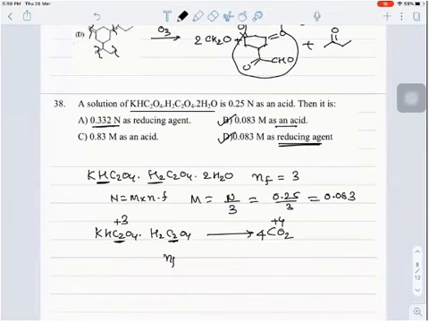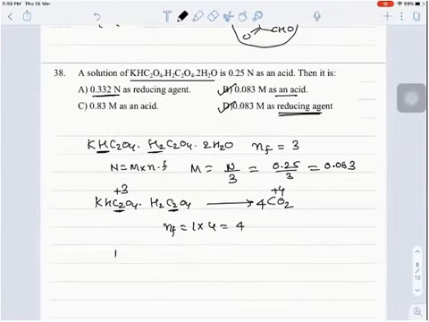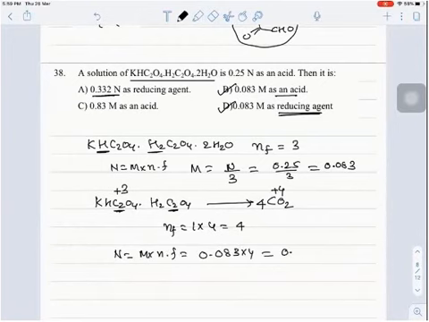So N factor is 1 into number of carbon, 4. Hence the normality becomes molarity into N factor, that is 0.083 into 4, which is equal to 0.332 N. So A is also correct. So for this 38th question, ABD is the answer.